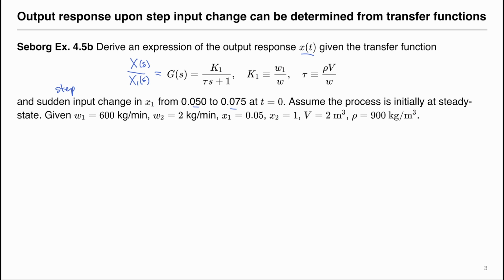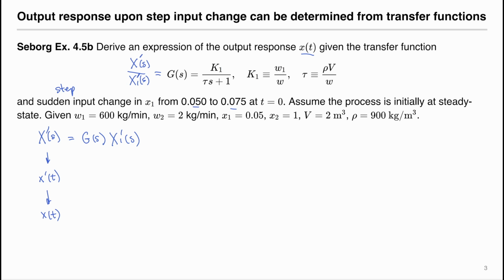So to get x of t, we need to first go from big X of s. In this case, we have derived it in the deviation space. Inverse transform it to the deviation space in the time domain, then convert it into the output response. Big X prime of s is equal to this transfer function multiplied by big X1 prime of s.